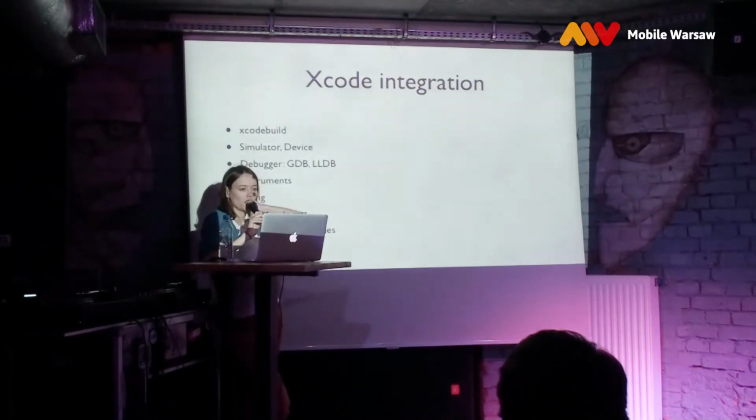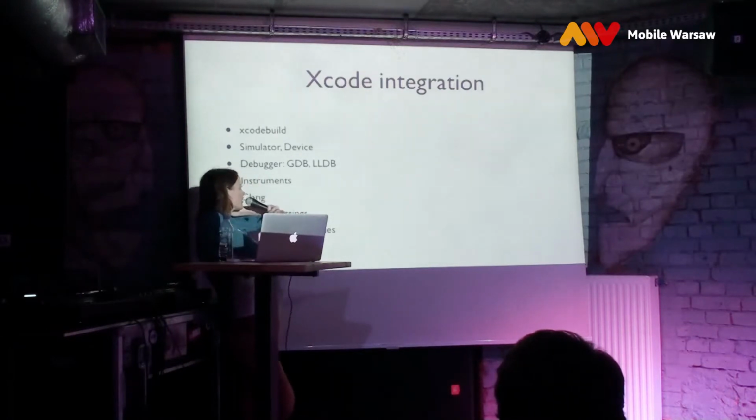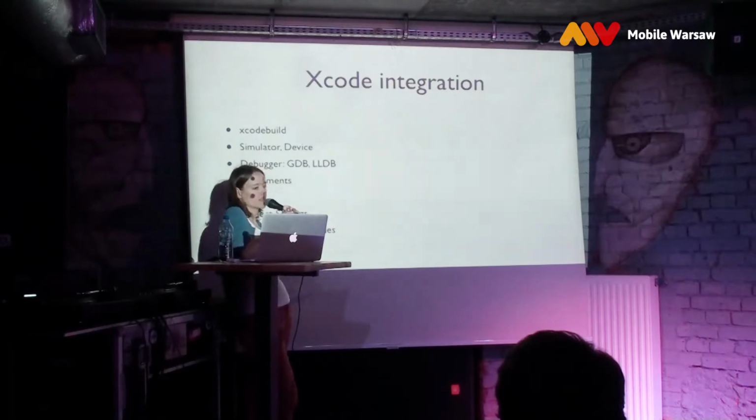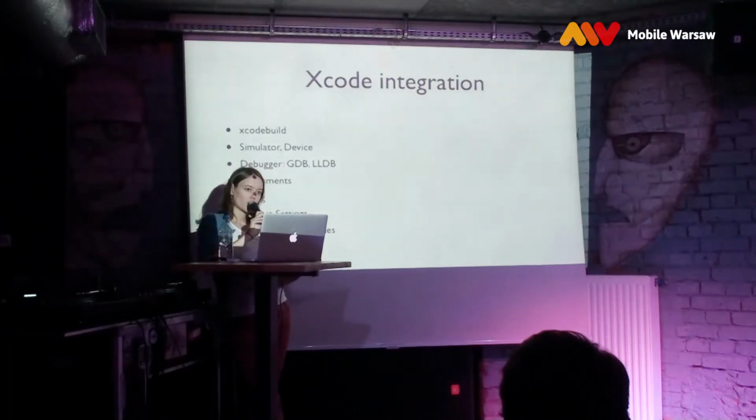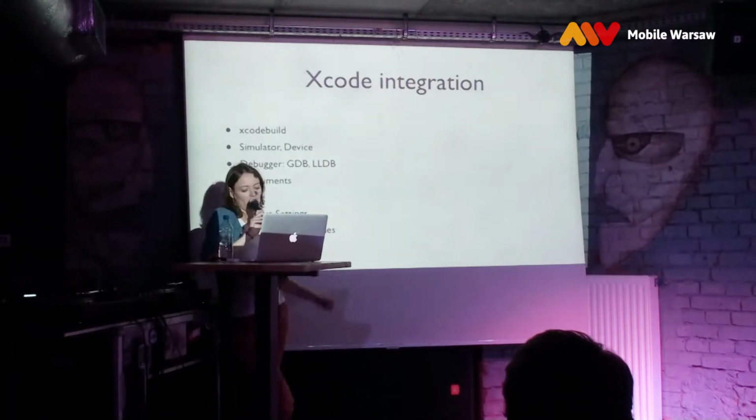Debugger, GDB and LLDB. As for GDB, we take the one from the main Xcode in your system. So if you have several versions of Xcode installed, the one that you last chose with sudo xcode-select, we take the GDB from that one.